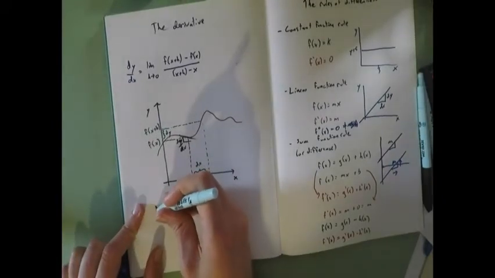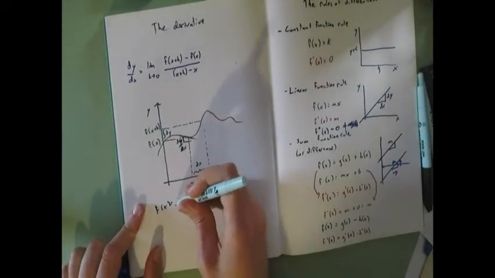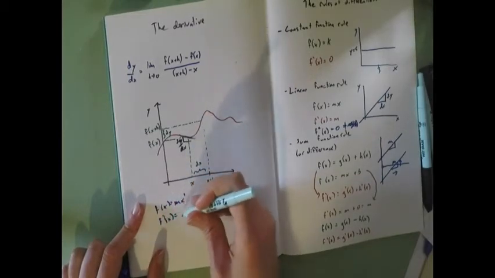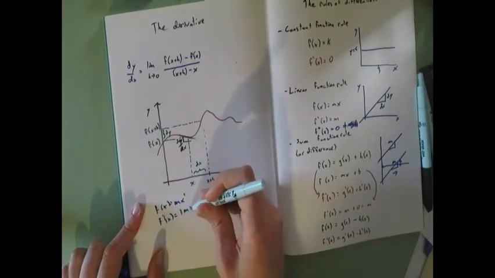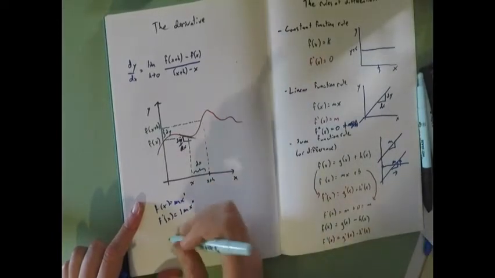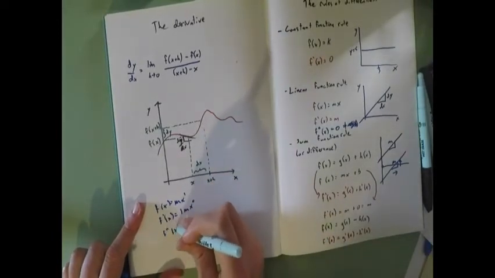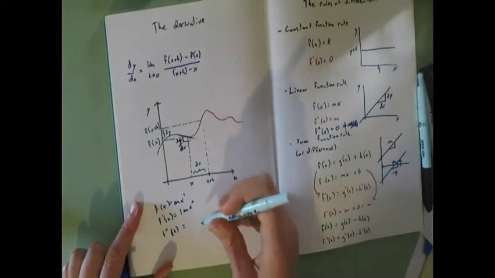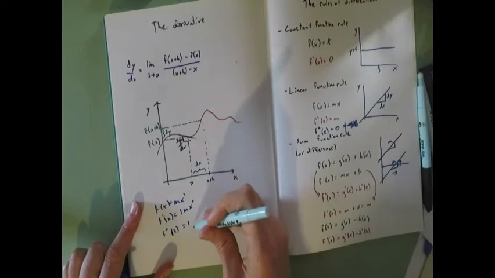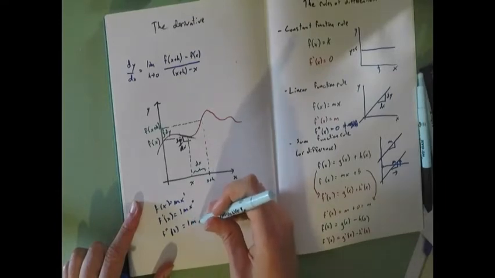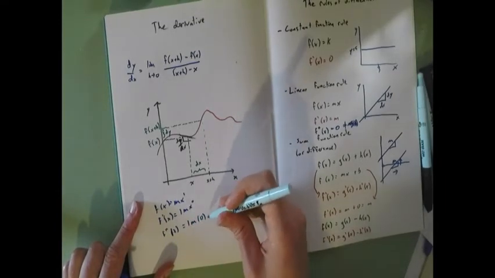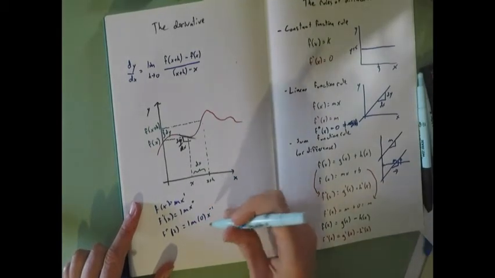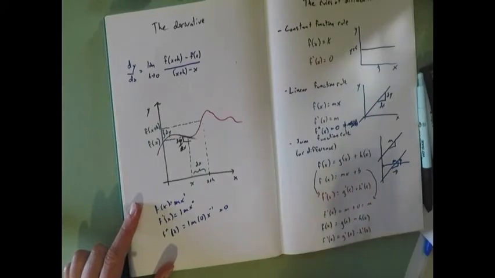So f of x equals m times x to the 1. f prime of x equals 1 times m times x to the 0. f double prime of x equals, we're going to bring down the exponent. We're going to have 1 times m times 0 times x to the minus 1. 0 times anything is just equal to 0.